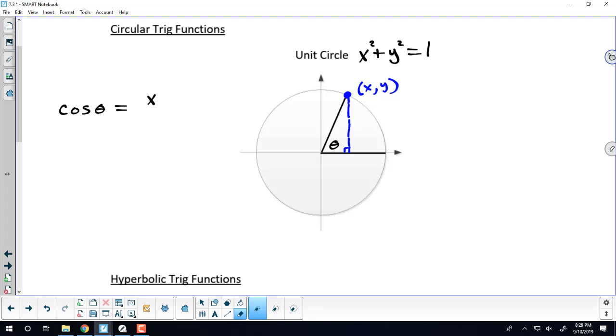So cosine of that angle just gave us the x-coordinate for that point on the unit circle. And similarly, sine theta gave us, it's really y over r again, but r is 1. So any point x, y on the unit circle can be described as cosine theta, sine theta.